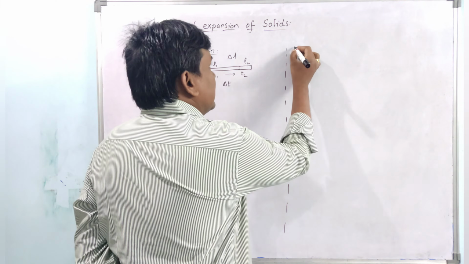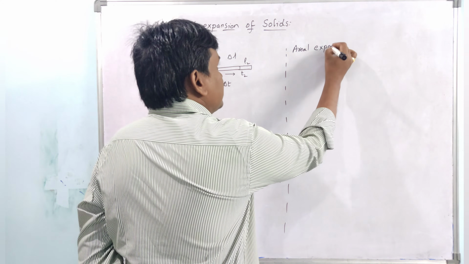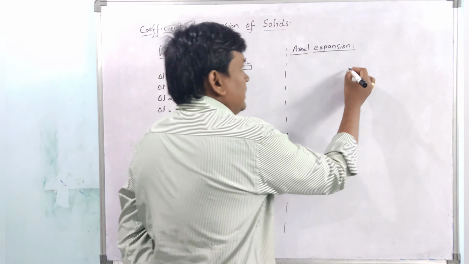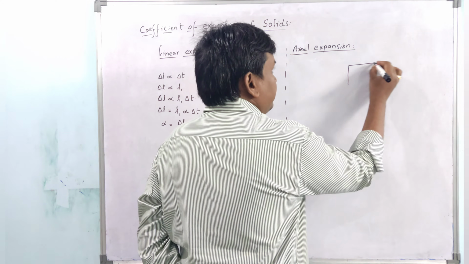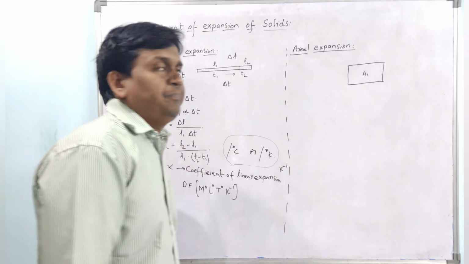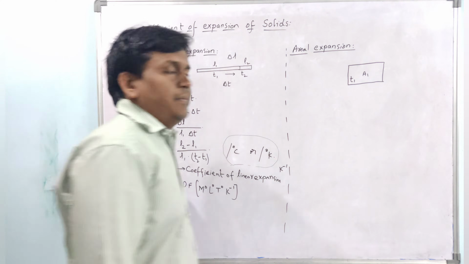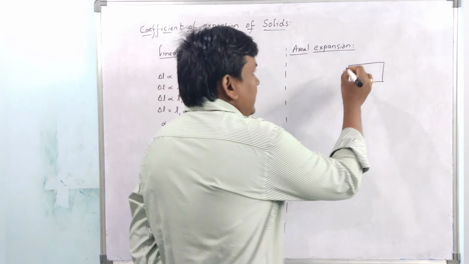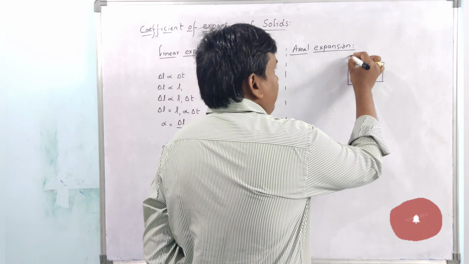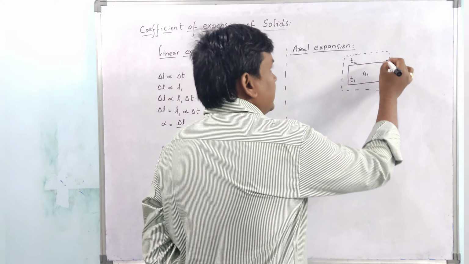If you consider areal expansion, take a solid which has some area A1 at T1 degree Celsius, and if the temperature is raised to T2 degree Celsius, then the area is also increasing.